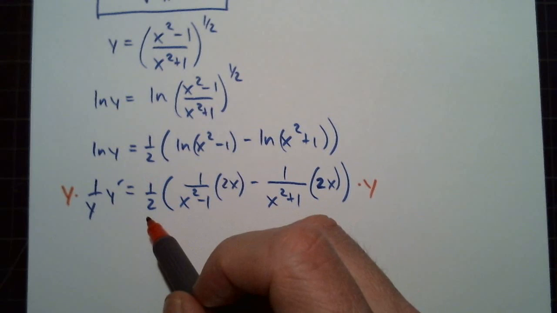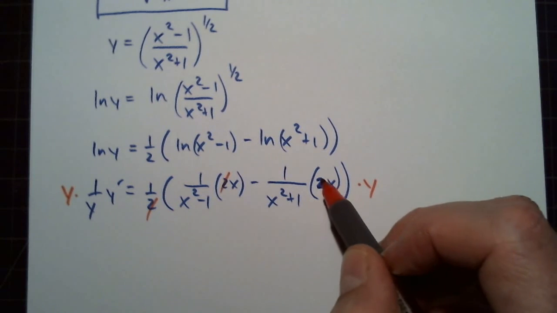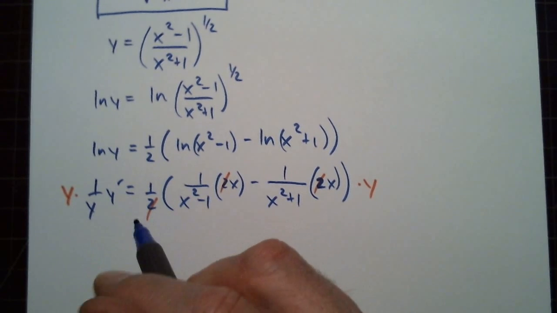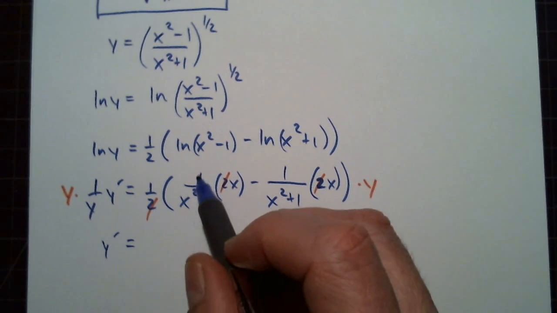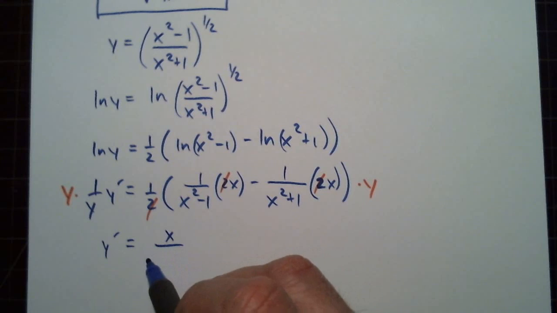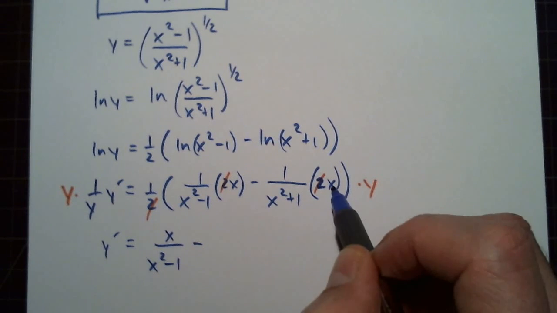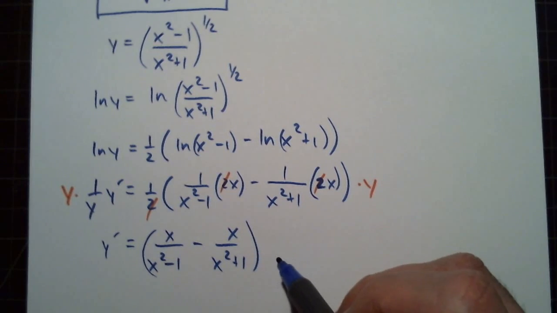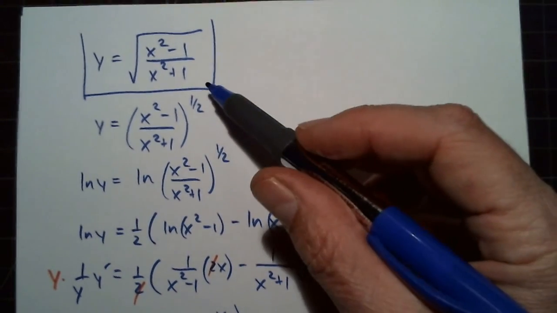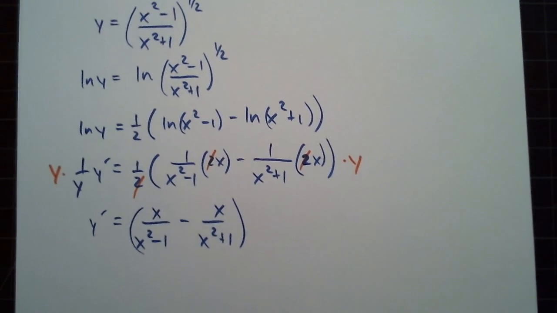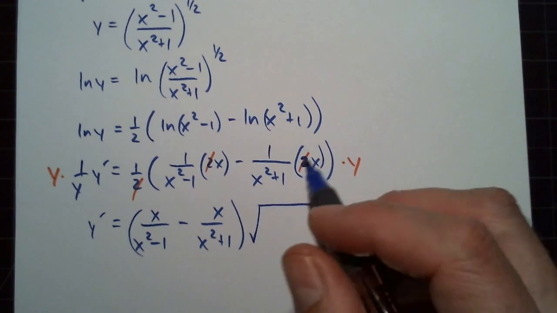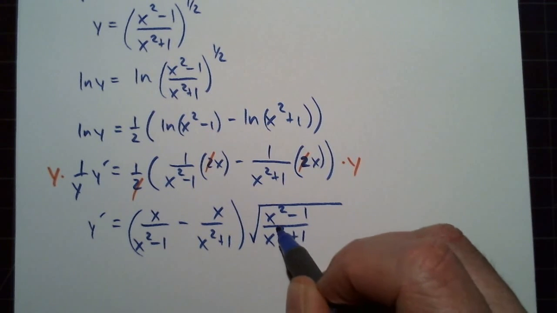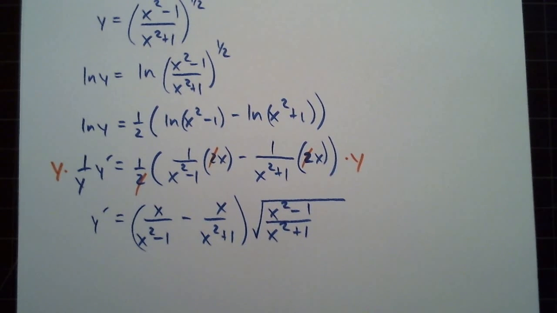If we distributed the 1/2, it would cancel this 2. It would also cancel that 2. So y prime is x over x squared minus 1. This will be x over x squared plus 1 times y. And we just substitute this for y. All right, and we'll stop there.